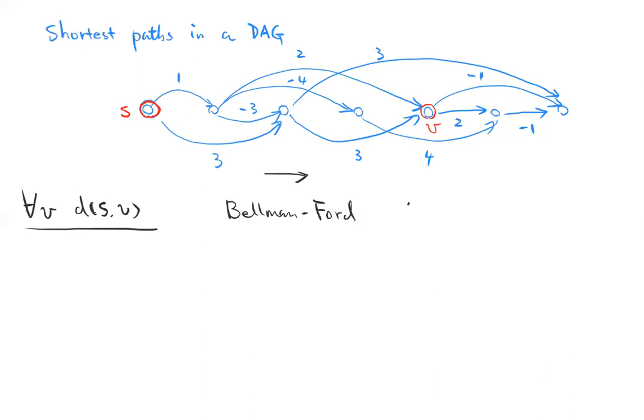We need to compute the distance from S to these 2 vertices. So these 2 are sub-instances. In order to solve this instance, we need to solve these 2 sub-instances. So we have a collection of sub-instances. Actually, each vertex can be regarded as a sub-instance. If I fix the vertex, then that is a problem we need to solve.